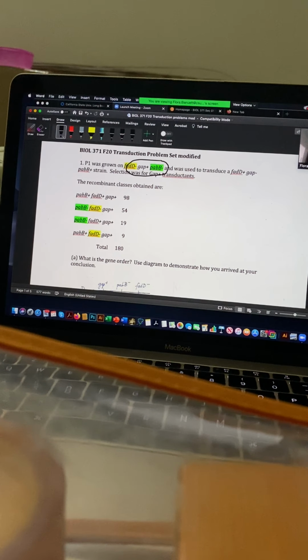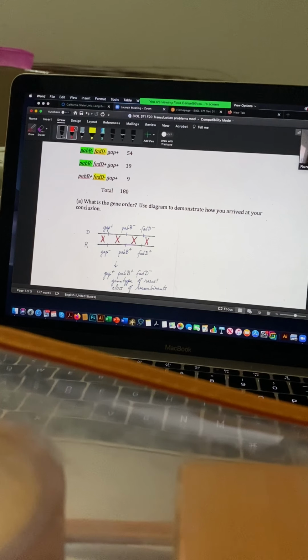So if you have this order, GAP plus, PAP minus, FAT minus, then you have multiple crossovers here. So you have GAP plus, and then you pick this marker, PAP plus, you cross over again here, you pick FAT minus, and you will get a recombinant.